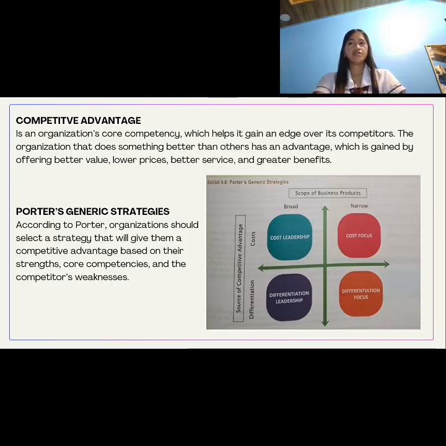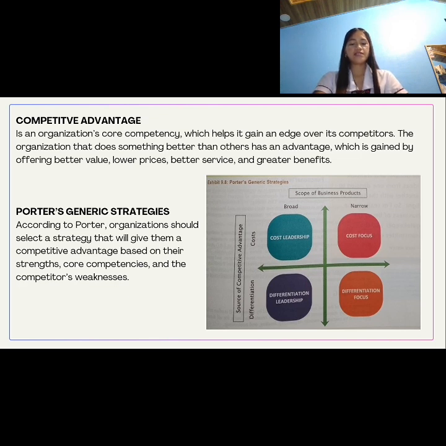Competitive advantage is an organization's core competency which helps it gain an edge over its competitors. The organization that does something better than others has an advantage, which is gained by offering better value, low prices, better service, and greater benefits. So it is what makes a company stand out from its competitors.